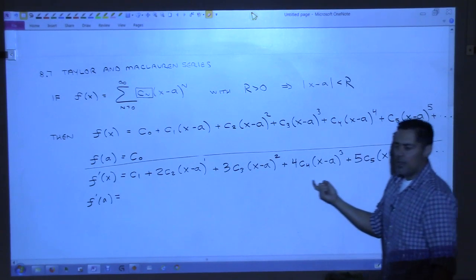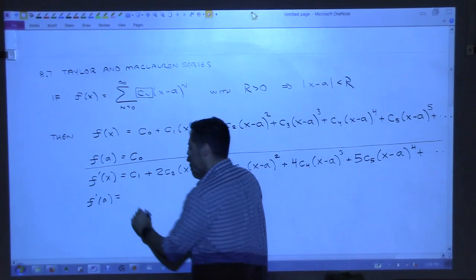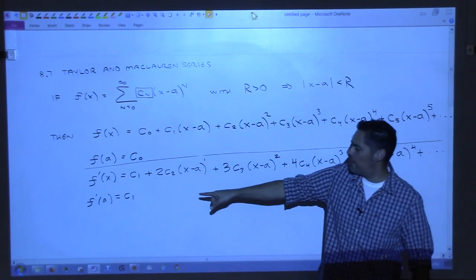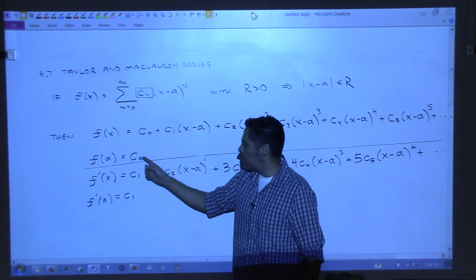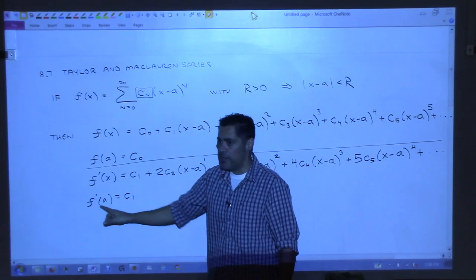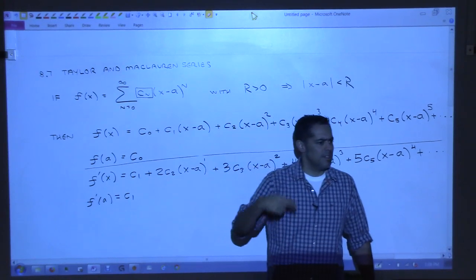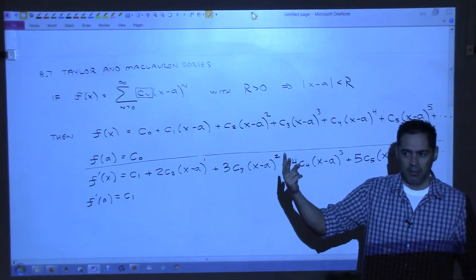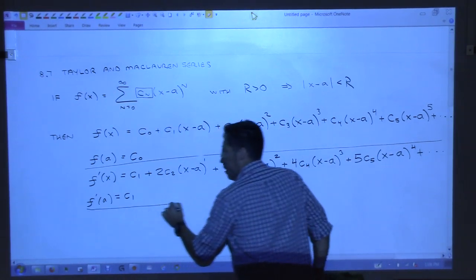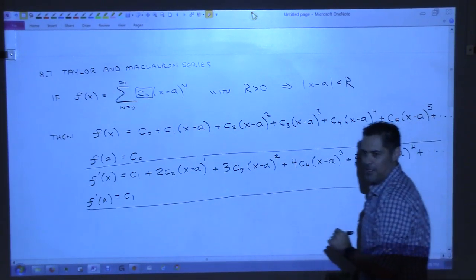It kills everything off, and all you get is C sub 1. So C sub 1 is the first derivative of the function at a. C sub 0 is the function at a, right? C sub 1 is the first derivative at a. Maybe C sub 2 is the second derivative at a. Maybe? Seem logical? It's not, but it seems logical, doesn't it?